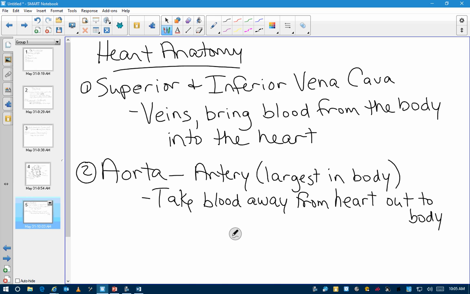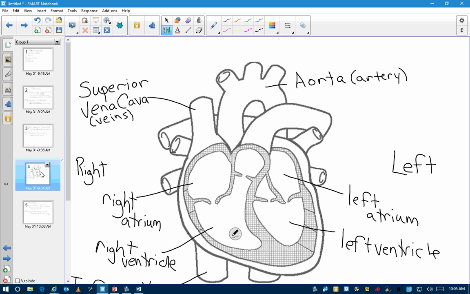Okay, so let's go back up here for a second. So then we have these other blood vessels here, these other ones that are sticking out randomly as we go around. When we're coming from the right side of the heart, these ones are called, but it's coming from the right side, sorry.